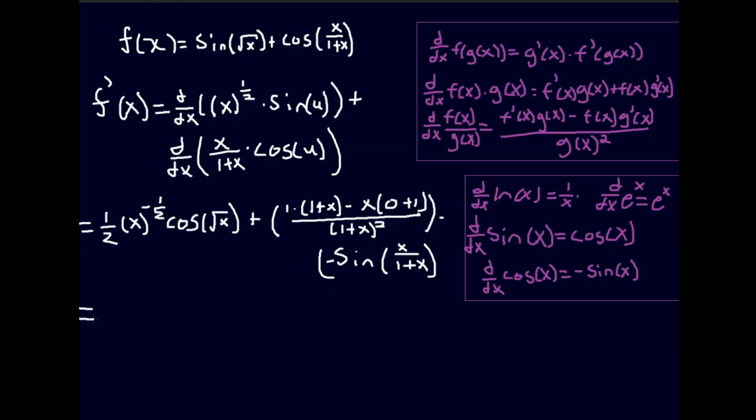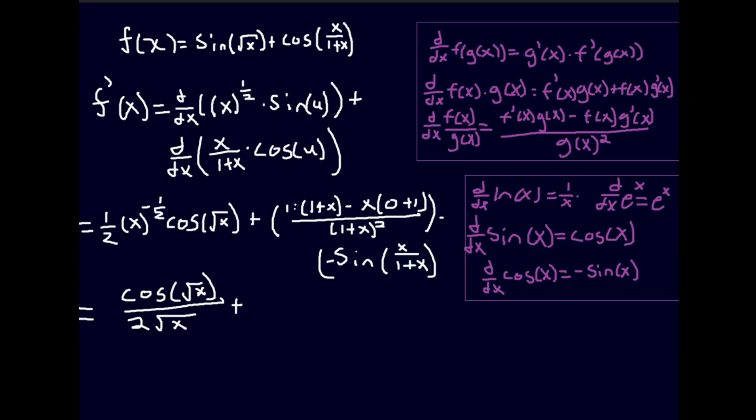Let me write that a little bit nicer. So this cos of x is up here. And then minus 1 over 2, this can be rewritten as the square root of x underneath, plus.